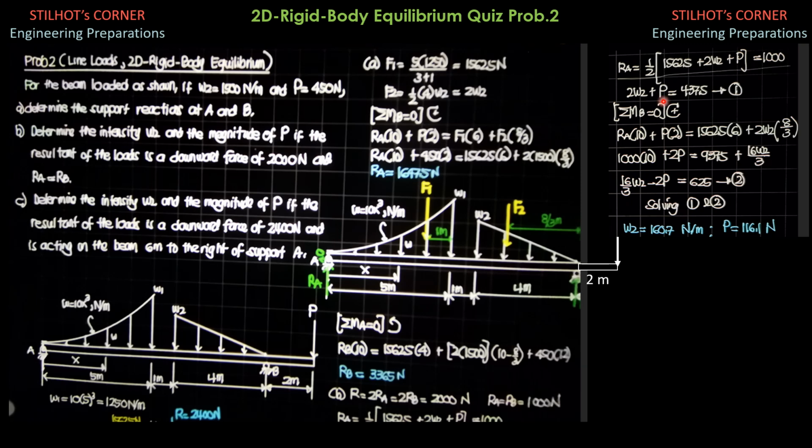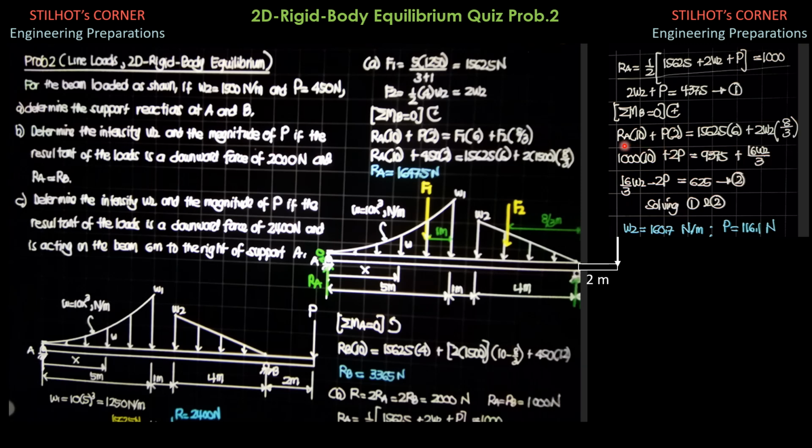Call this equation 1. Then we sum up moments about B equals 0, noting that RA is 1000. So RA times 10 plus P times 2 equals F1 1562.5 times 6 plus F2 2W2 times 8/3.